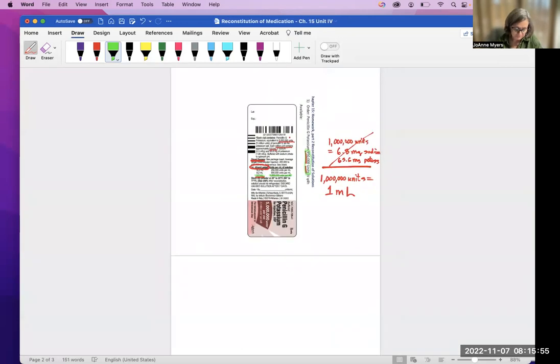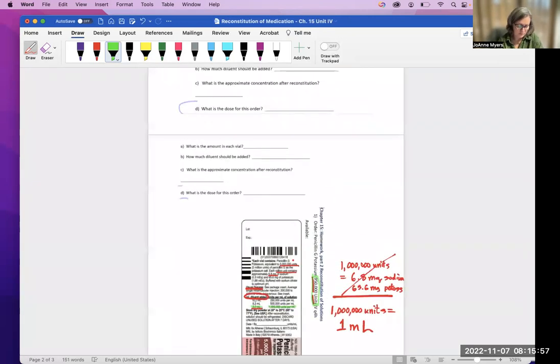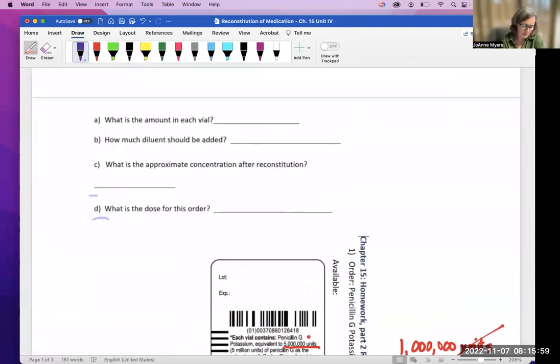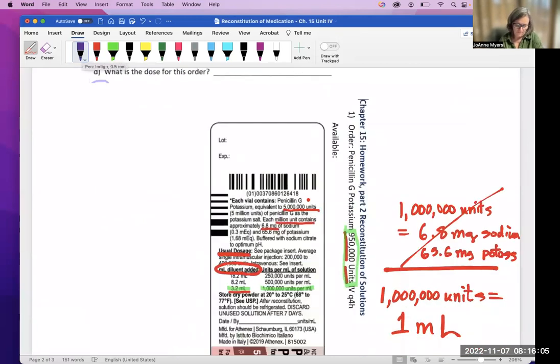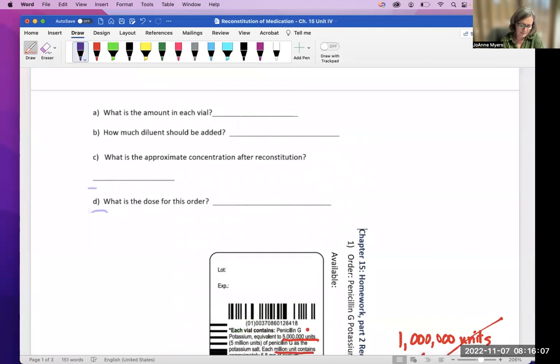Next question. What is the amount in each vial? In this case, it was our 5 million units. How much diluent should be added?